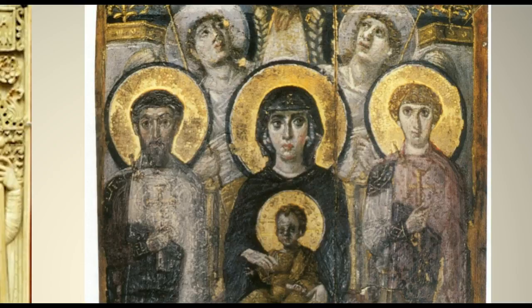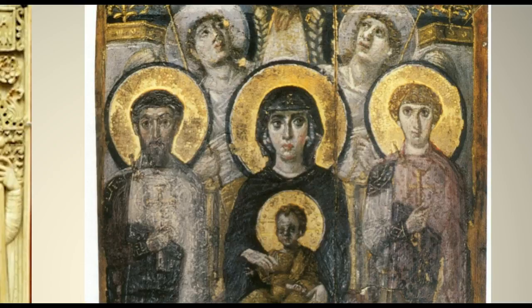So this is a type of Virgin that we're looking at during the Byzantine period. We're going to see different types of depictions in art history. In this icon, she's holding Jesus on her lap in a way that suggests she has become his imperial throne.